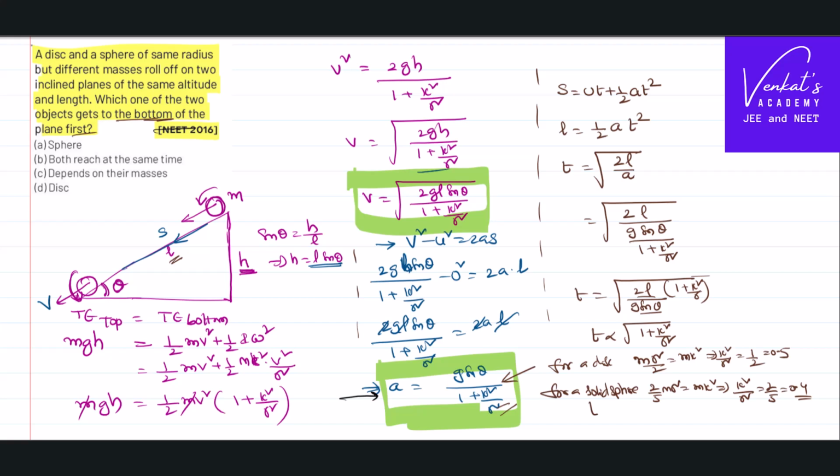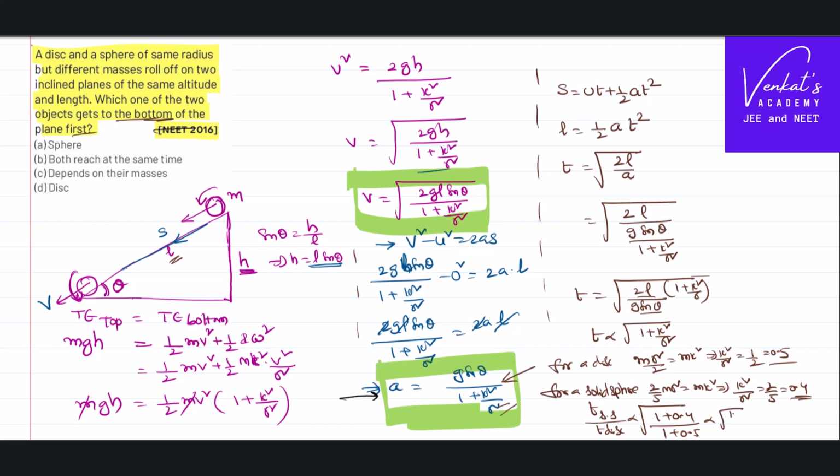So T of solid sphere by T of disk is proportional to square root of 1 plus k square by r square for the solid sphere, which is 1 plus 0.4, by 1 plus k square by r square for the disk, which is 1 plus 0.5.